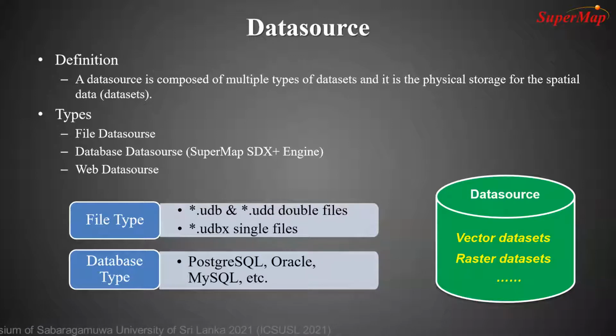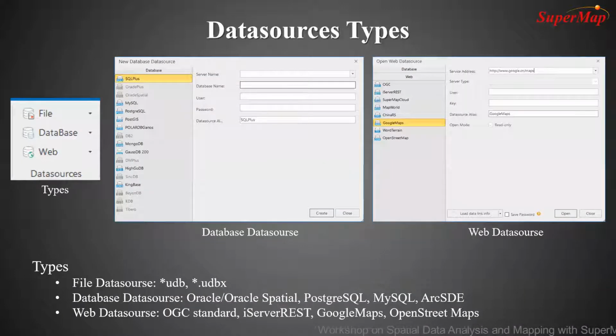For this kind of relational database, we can, based on the SuperMap SDX+ spatial data engine, store our spatial data into the database. And inside of the data source, there will be some datasets such as vector datasets, raster datasets, and others.